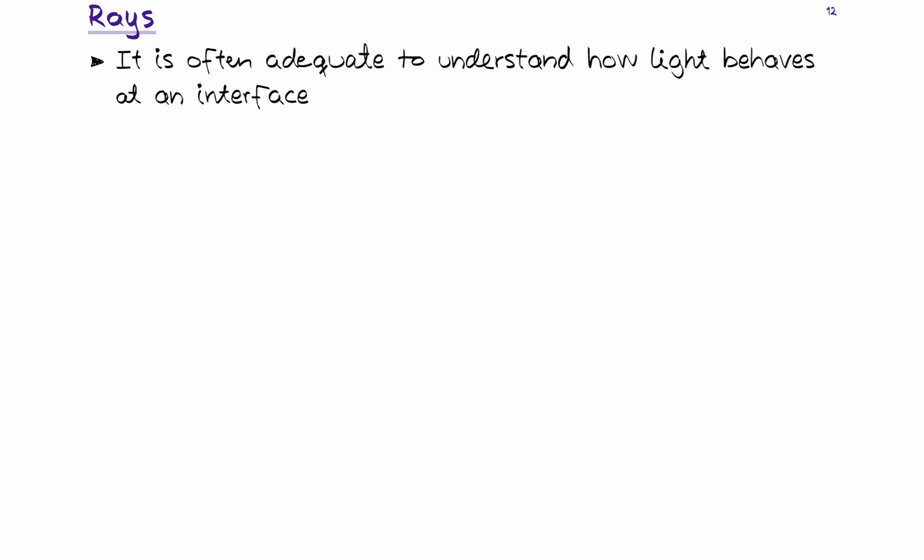We can just draw rays of light at an interface of two optically different media, and then by using simple laws that can be derived from Maxwell's equations, we can understand what happens. This is quite nice, because it lets us understand quite complicated optical instrumentation based on just their geometrical features and what kind of optical interfaces they consist of.